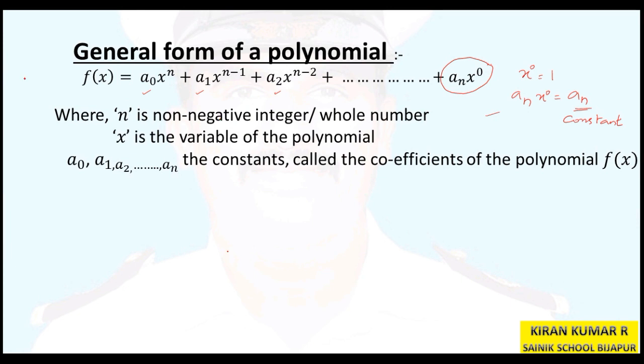Here, a very important thing is, since the variable is x, it is expressed as f of x. You will come across so many questions wherein we'll be having something like g of x, p of x, f of x, like that.